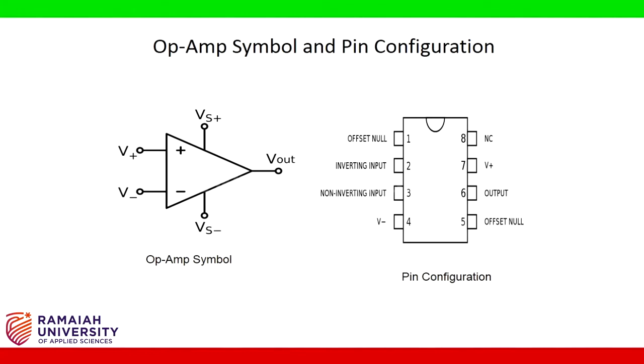Pin number 4 is used to provide the negative voltage. Pin number 7 is used to provide the positive supply to the circuit. And pin number 6 is used to check the output. Pin number 8 does not have any connection. The symbolic representation of the op-amp is as shown in the figure.